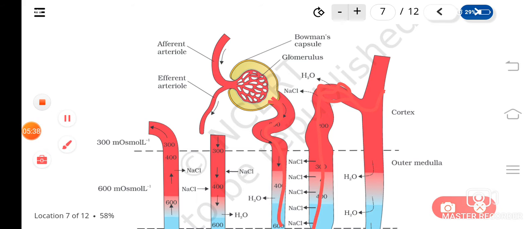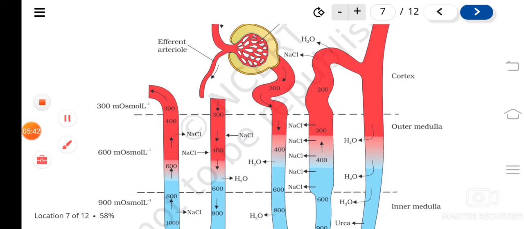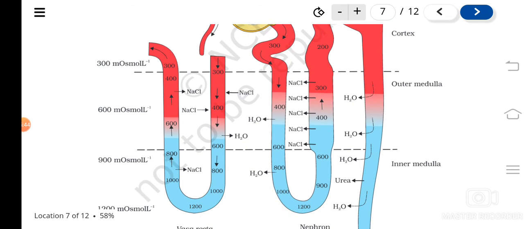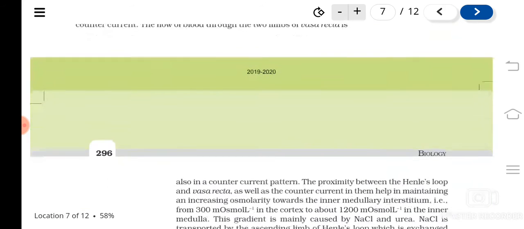Understood? The glomerular filtrate formed is 180 liters per day, but a normal person can produce only 1.5 liters of urine per day. Understood? So how urine is getting concentrated depends upon two things.